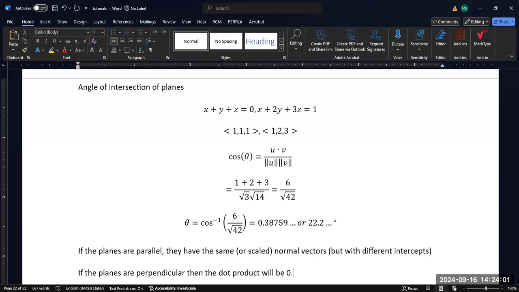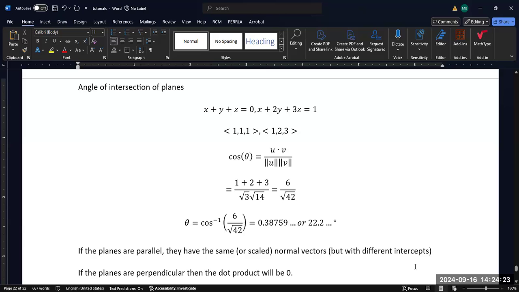It'll be pi over 2. So when you get a dot product of 0, you're already going to be able to tell that they're perpendicular. And if they're not scalars of each other, and if they're not perpendicular, then there's going to be some other angle between them. And then we can follow this procedure in order to actually find that angle.